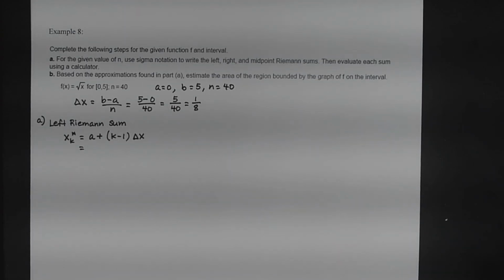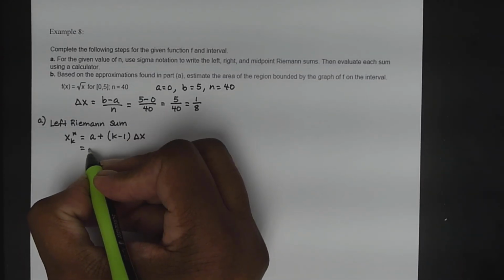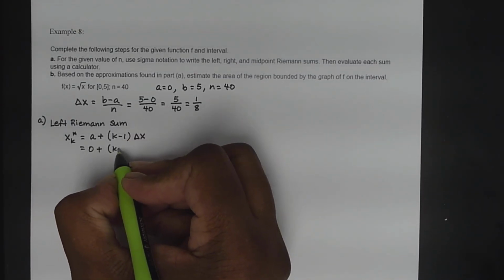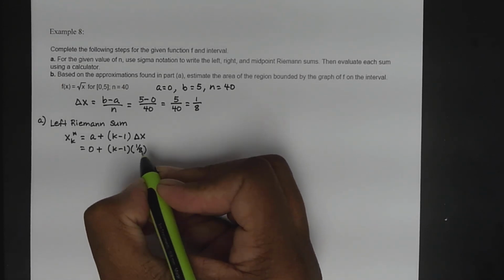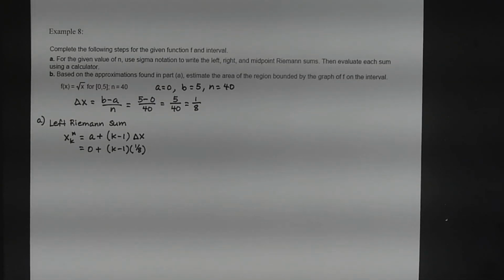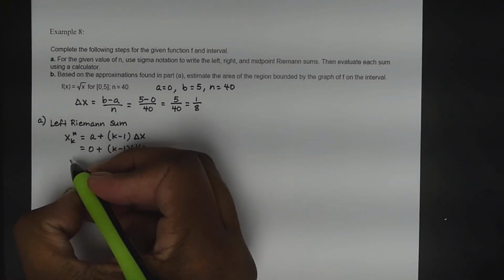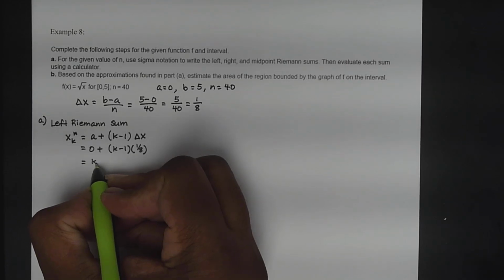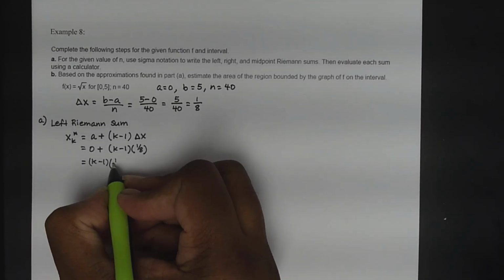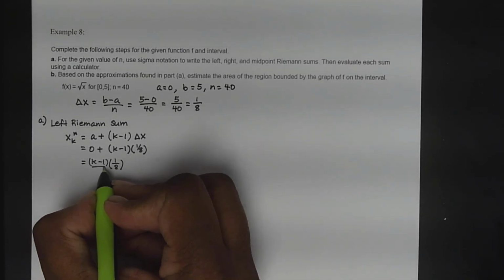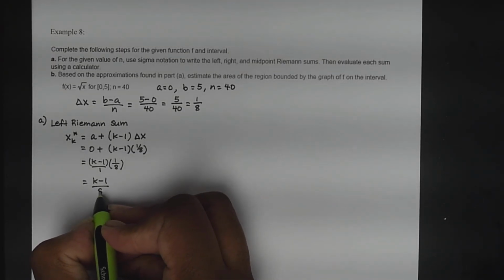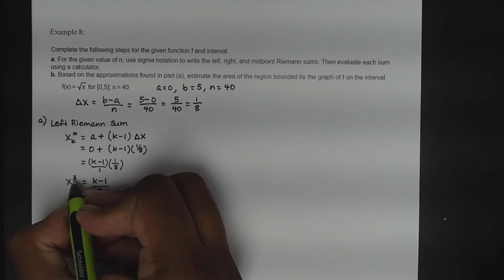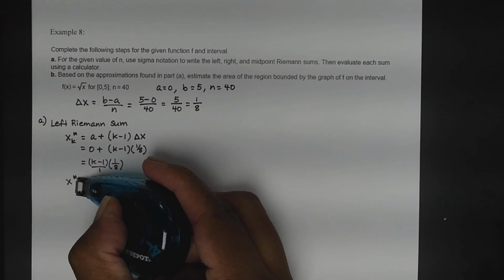Now let's substitute here. A is 0 in this case, plus, and then we got k minus 1 times delta x, which is 1/8. So that means all we'll have is just k minus 1 times 1/8. And this k minus 1, I'm going to put that over 1. So that means I'll have k minus 1 all divided by 8. So that would be x star sub k.